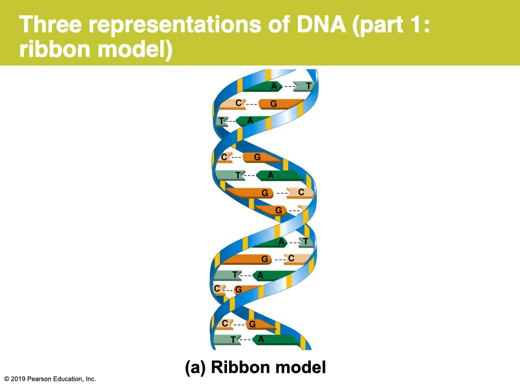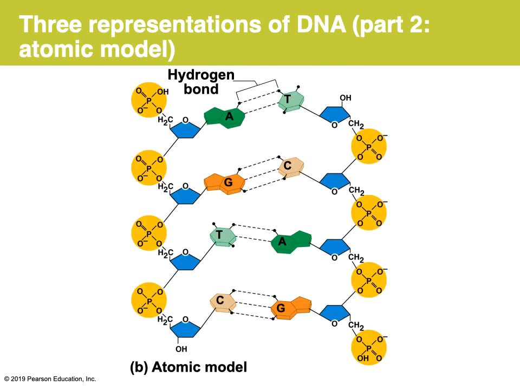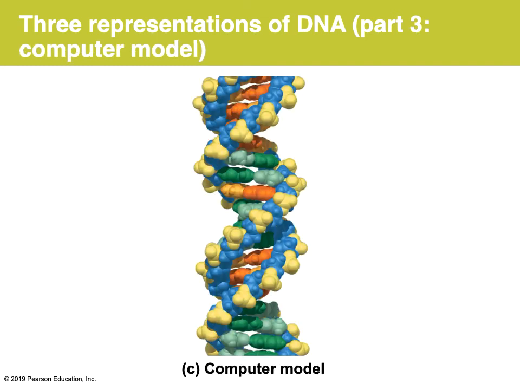You commonly see this ribbon model where you see the colors representing the sugar and the phosphate and the different bases. This is more of an atomic model showing the actual arrangement of the individual components. So not just blobs of sugar and phosphate, but you're actually seeing where the sugar is binding to the phosphate, etc. And then something that's more like a 3D model.